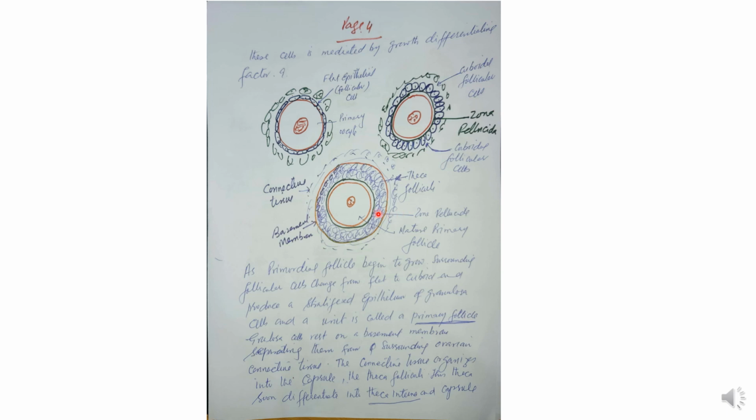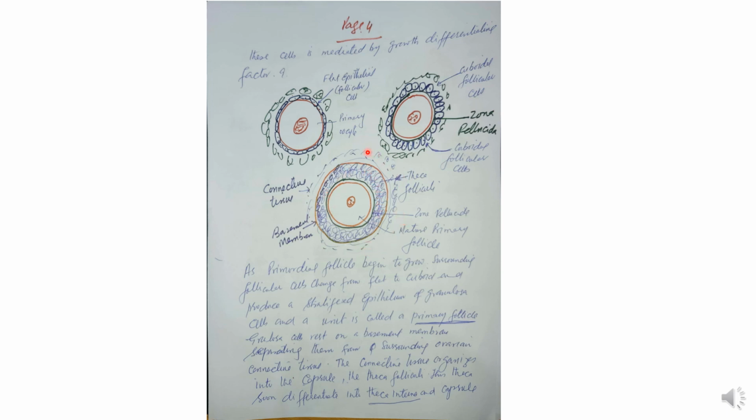It is a glycoprotein coat surrounding the oocyte. The zona pellucida is derived from the secretion of the granulosa cells and the cell membrane, and that secretion becomes solid to form a glycoprotein coat surrounding the oocyte.